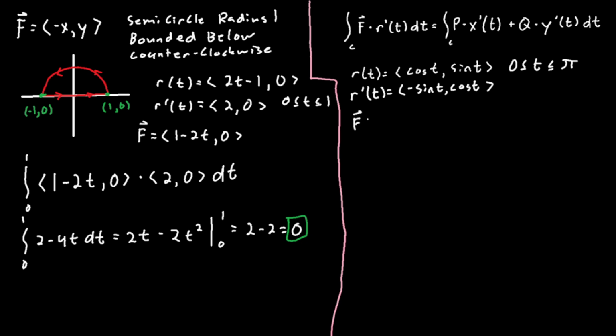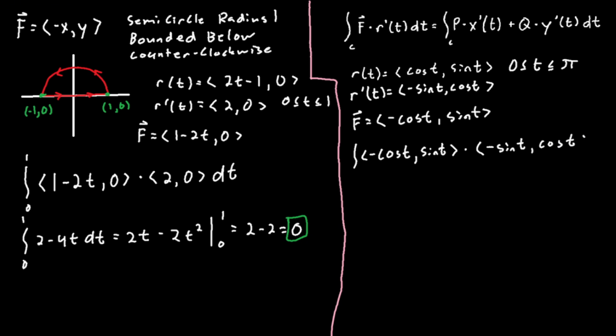And our parameterized vector field is, so negative x, we get negative cosine here, and y, which is sine of t. And if we dot product this, you get negative cosine t, comma, sine t, dotted with your derivative, negative sine t, cosine t, dt, from 0 to pi.